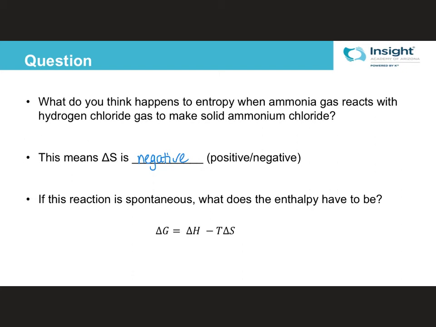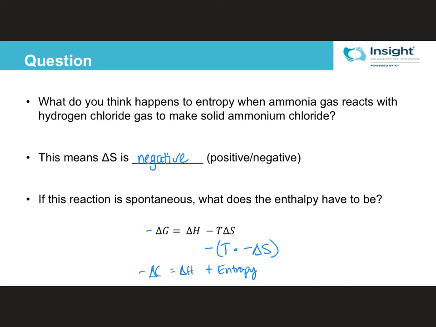So another way to think about this is, let's say we know that this reaction is spontaneous, which means we need to get a negative delta G. We're going to put in a negative delta S value here. If you subtract a negative, that means you're adding the entropy value.